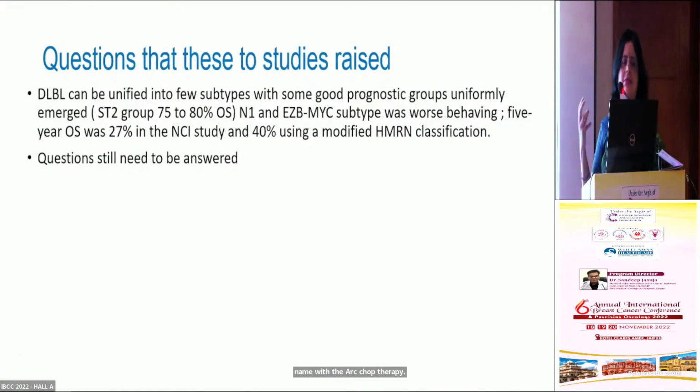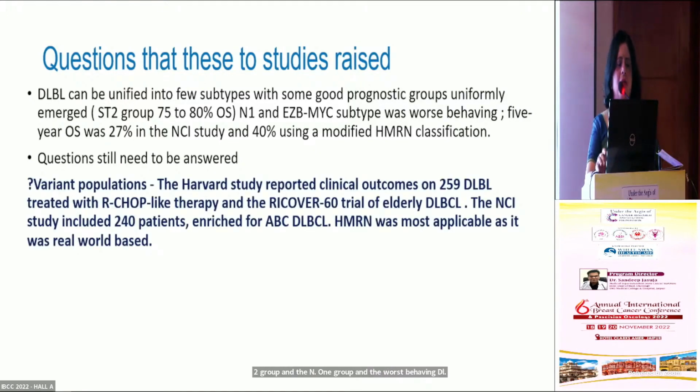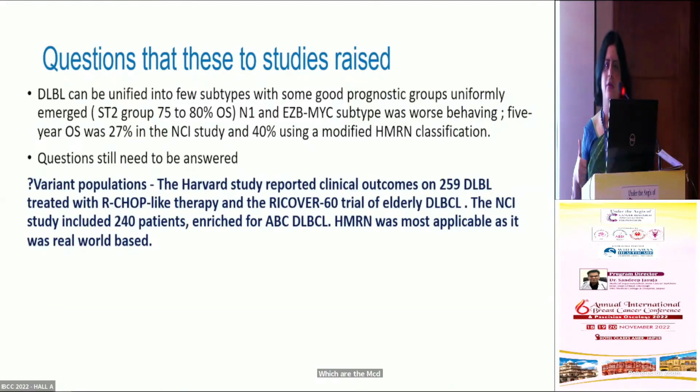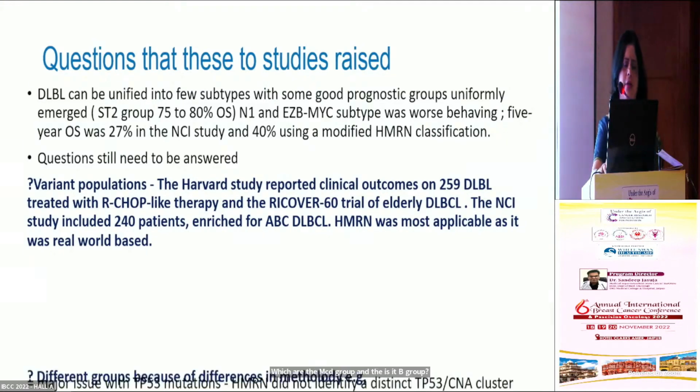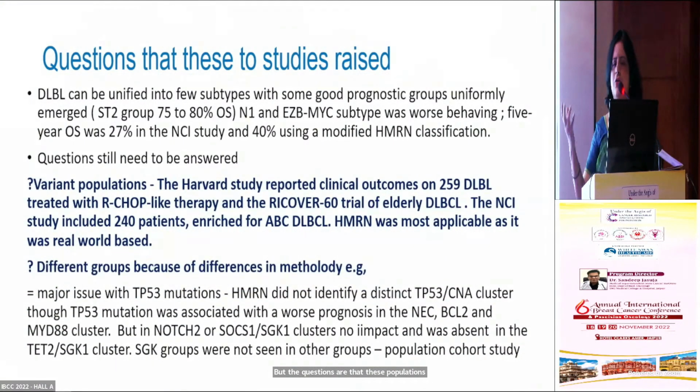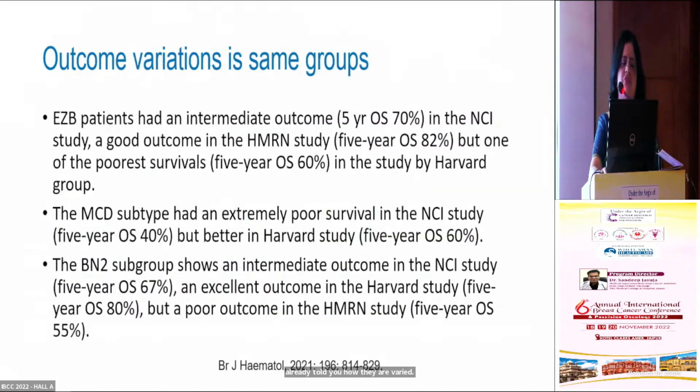So to summarize, we know that we have to go beyond ABC and GCB, and we now have exceptionally behaving DLBCLs, the ST2 group and the N1 group, and the worst behaving DLBCLs, which are the MCD group and the EZB group. But the questions are that these populations vary, and I already told you how they are varied. The third thing is that each of the groups is different in each of these classifications.